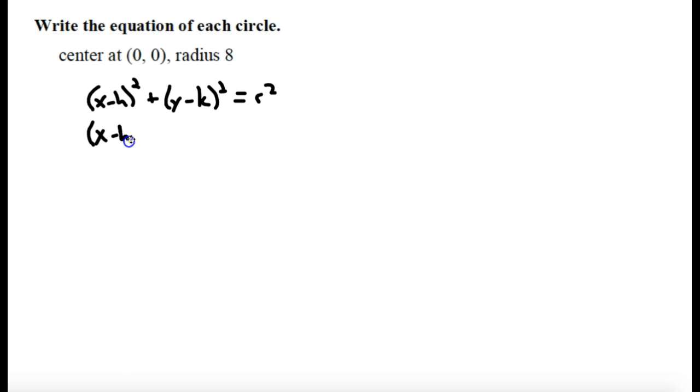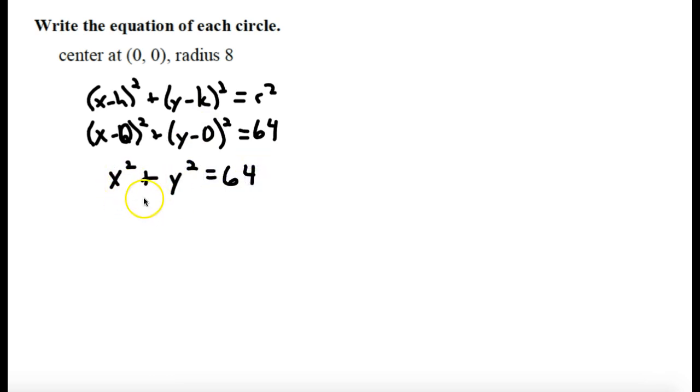So I'll have (x - 0)^2 + (y - 0)^2 = 8^2, which is 64. Now we can actually clean this up a little bit. x minus 0 is just x, so I could just write this as x^2 + y^2 = 64. So if we see something like this, we can automatically assume that this is minus 0.